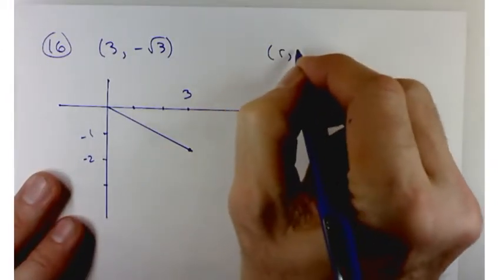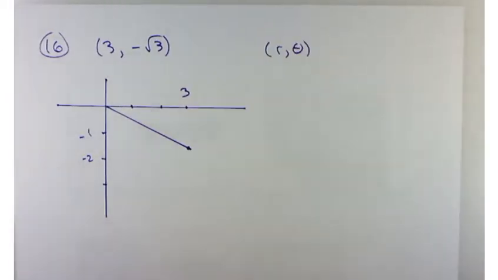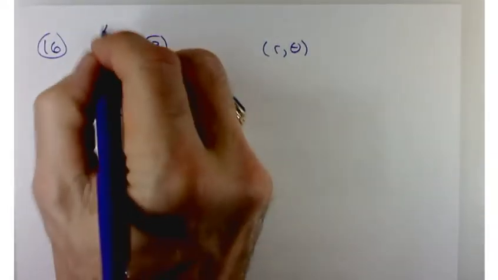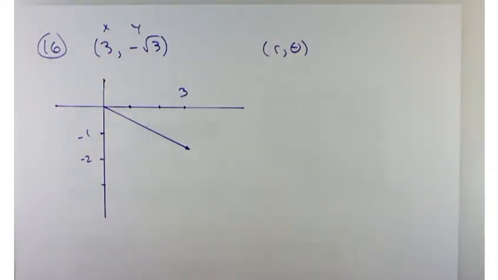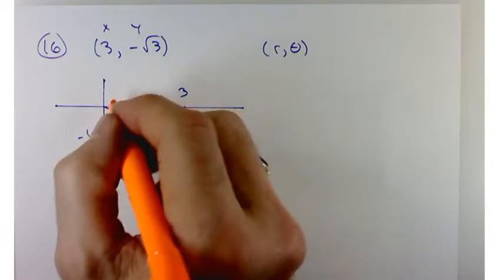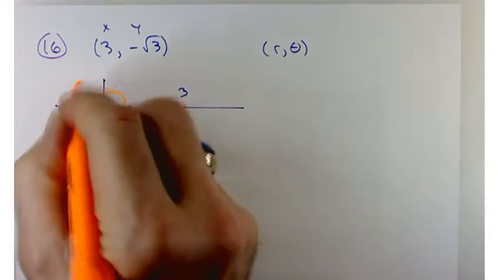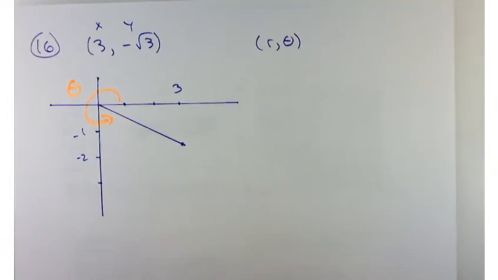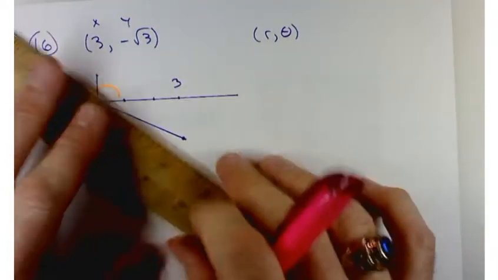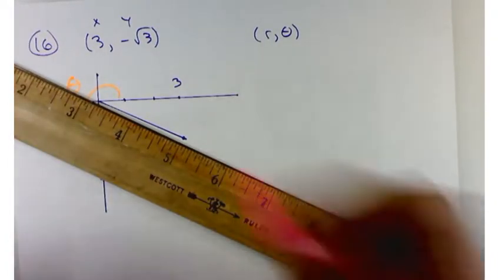So I want r and theta instead of x and y. So there's theta. And I'll also need to figure out the radius.